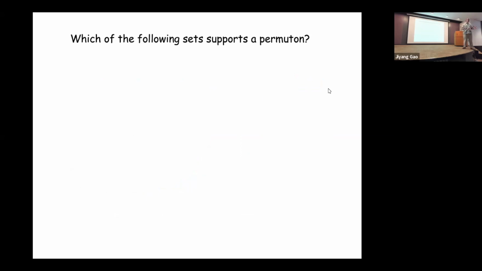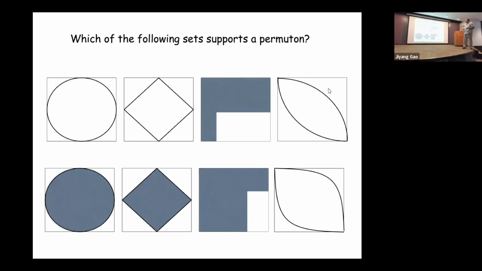And for those of you who like puzzles, and I include myself in that group, here's something to think about during the talk. Which of these sets is the support of a permuton? I've even given them letters. So at the end of the talk, if you're willing to admit that you weren't paying any attention, raise your hand and tell me which letter you think is right.